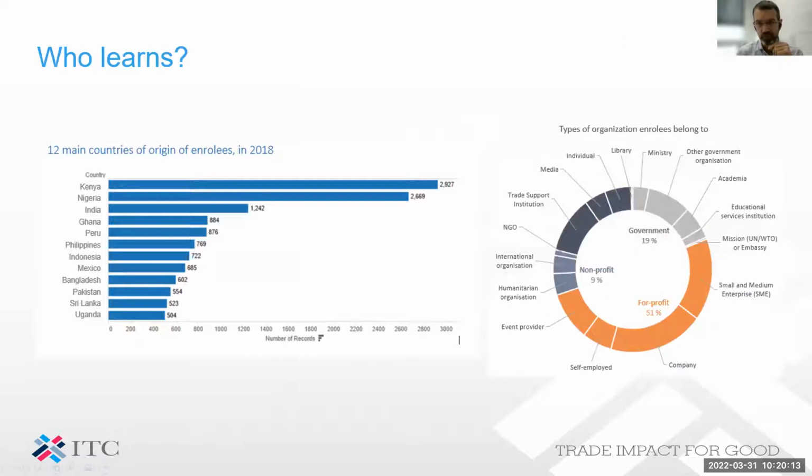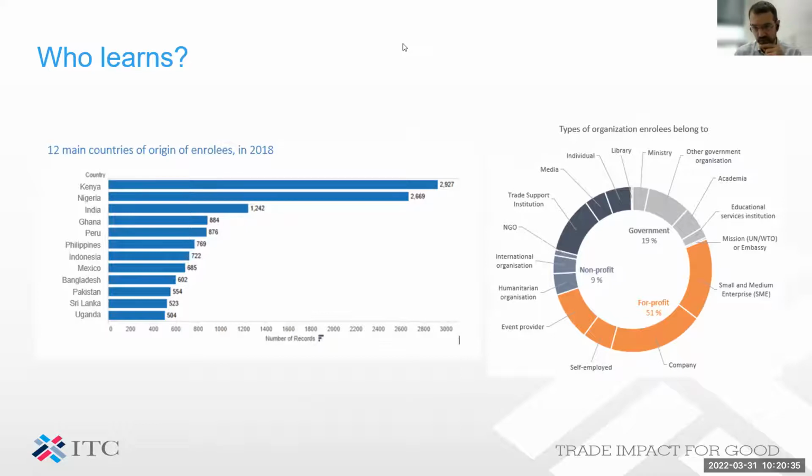And then from the type of participants who come to the platform, we have, as I said, private sector and public sector. Here you can see the government, NGOs, trade support institutions on the top, which comprises, together with international organizations and academia, a little bit less than half.